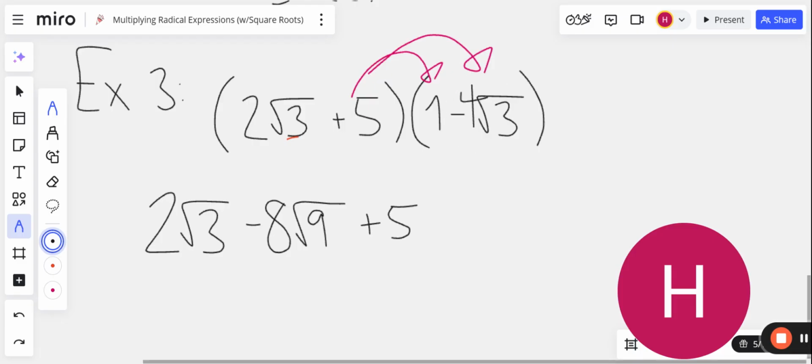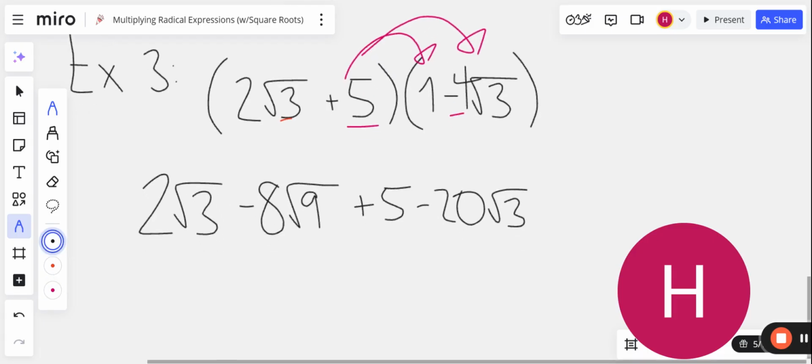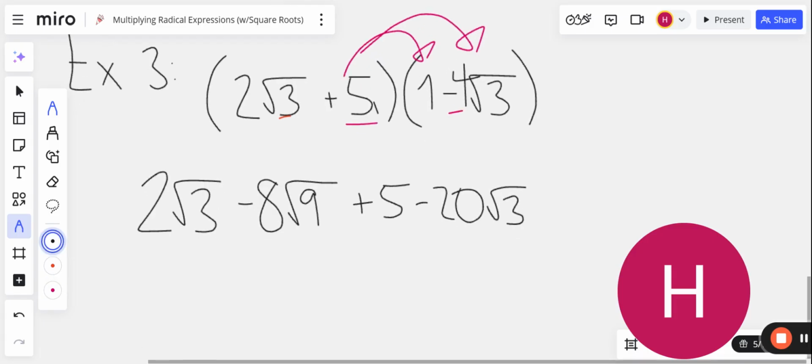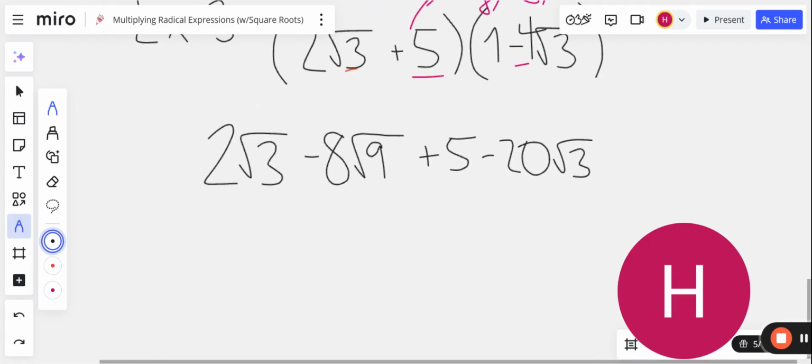And that's how you say it, by the way. You would say minus 4 or negative 4 square root of 3. This is going to give us negative 20 square root of 3. We're just multiplying the outside numbers. If you really want to imagine the square root there, you can say square root of 1 is there, which is just 1, if you really want to insist that there's a square root number attached. Now let's simplify if possible.